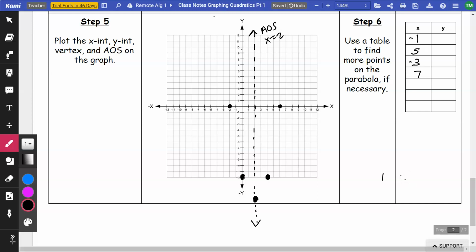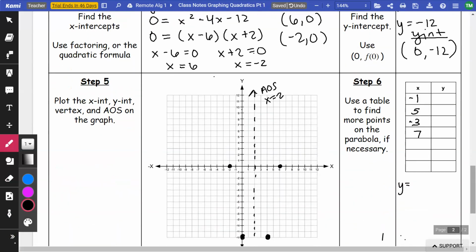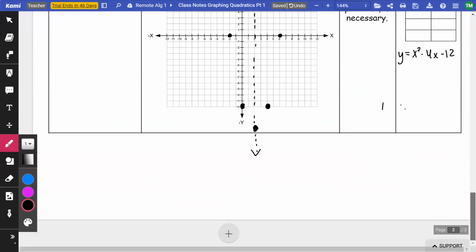So why don't you pause the video, find all those y values, just plug in these x values, and then press play when you're ready to check your work. All right, y is equal to, I gotta remind myself what the original equation is, x squared minus 4x minus 12. There we go.